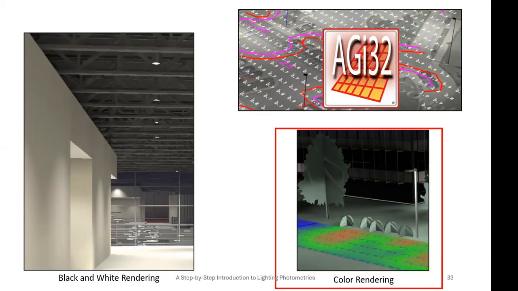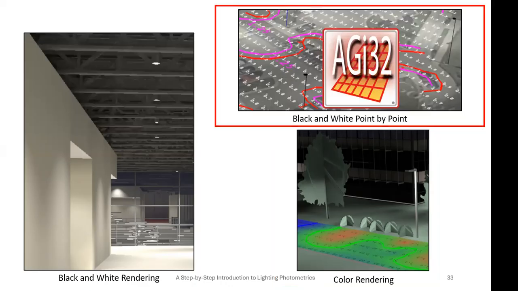So everywhere that you see on that line is a certain amount of foot candles, as opposed to just a point digital value. And this is AGI, where you have the point by point in a parking lot. So this is what a point by point layout would look like for a parking lot. And you see the ISO curves in red, and you see the values in foot candles in white with the numbers.